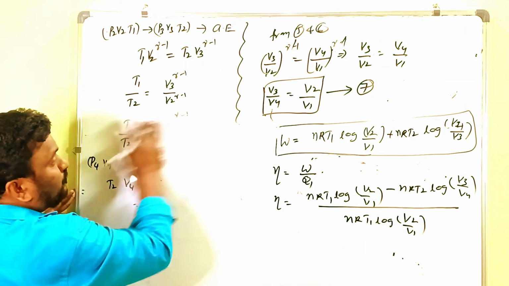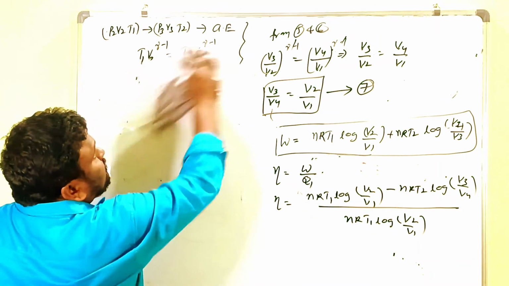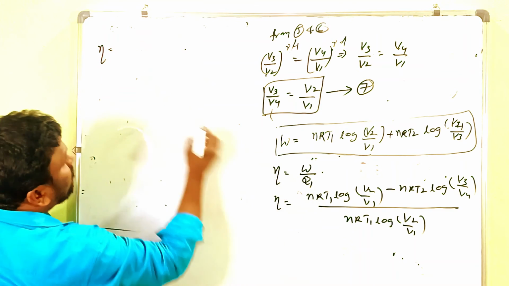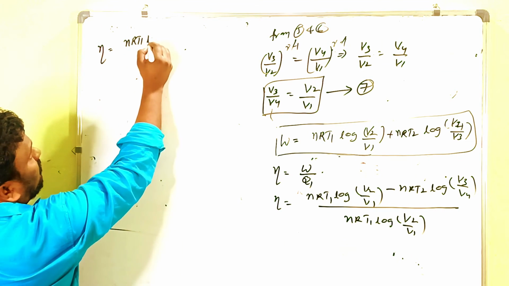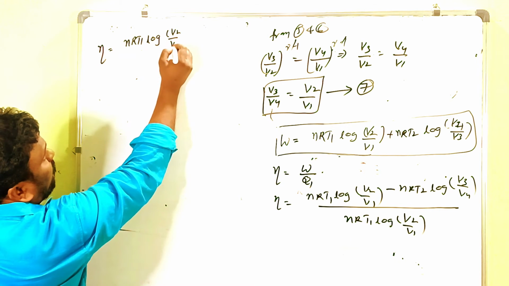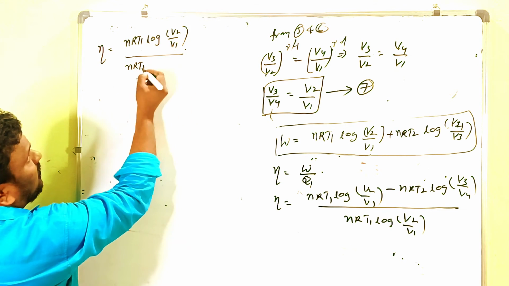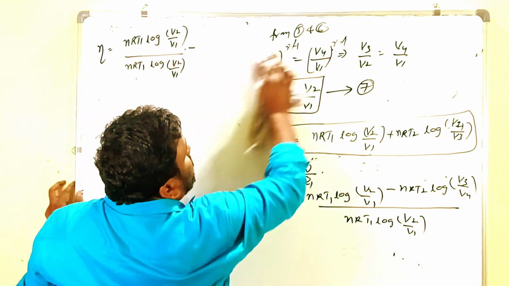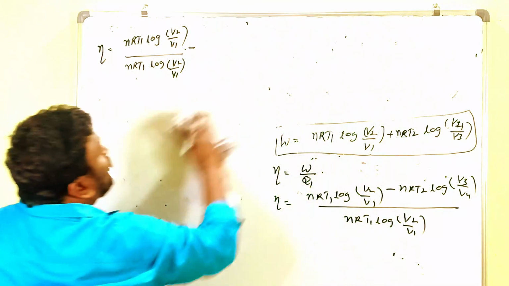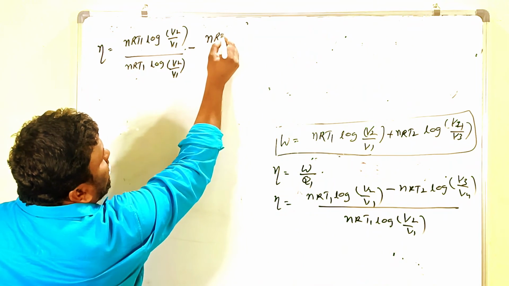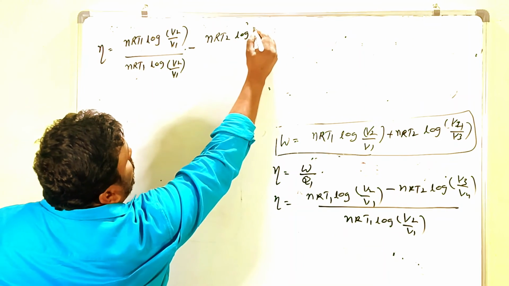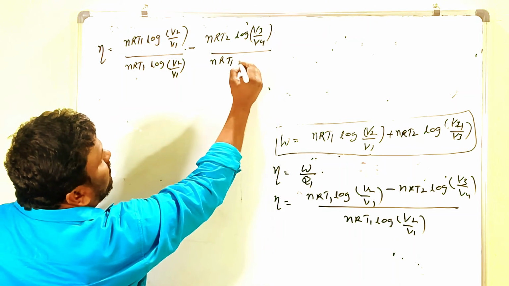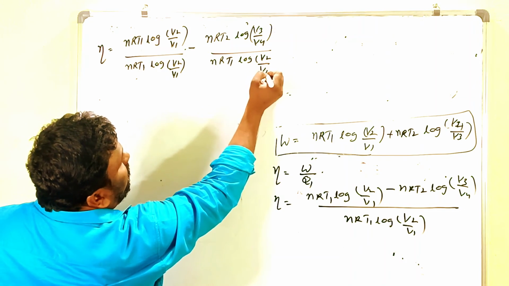So from that, children, very simple. These two are going to be cancelled. Then we can write like this: eta is equal to nRT1 log V2 by V1 divided by nRT1 log of V2 by V1 minus, what is it, children, nRT2 log V3 by V4, by nRT1 log V2 by V1.